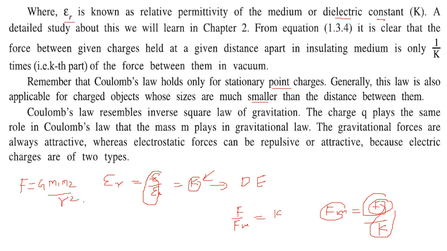And the electrostatic force is k q1 q2 by r square. So they are almost identical, but gravitational forces are always attractive. Electrostatic forces can be attractive as well as repulsive, because electric charges are of two types, positive and negative.